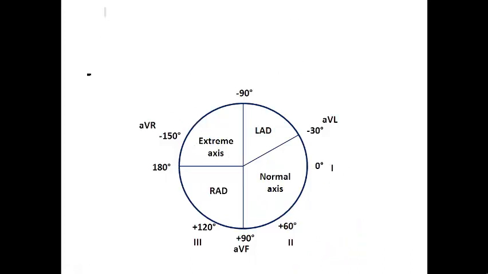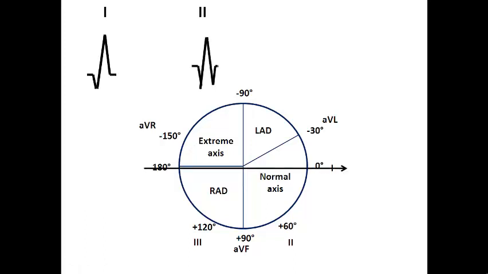Let's have another example. Lead 1 is predominantly positive, so the axis is directed towards 0 degrees. Lead 2 is nearly predominantly positive, or it may be slightly equiphasic, but we are going to consider it as predominantly positive, so it is directed toward its positive pole at plus 60 degrees, but aVF is predominantly negative, so surely it is not directed towards its positive pole, it is in the opposite direction toward minus 90 degrees.